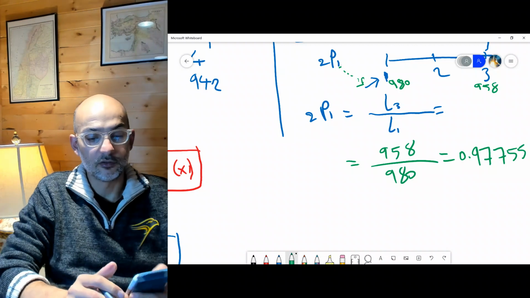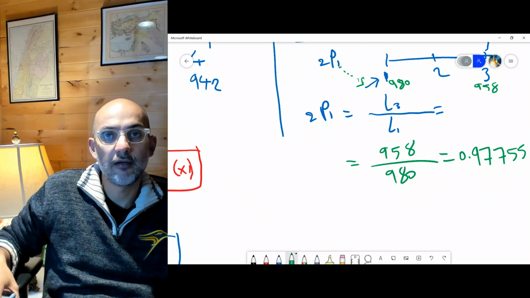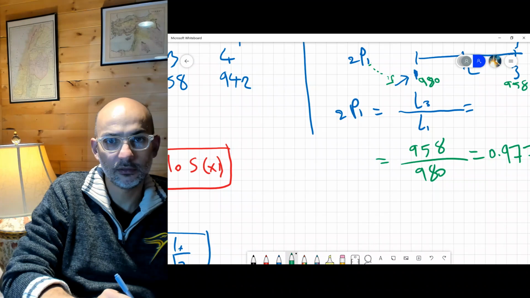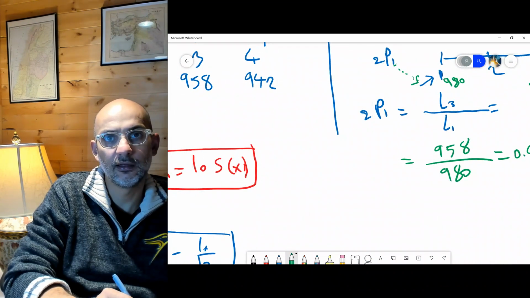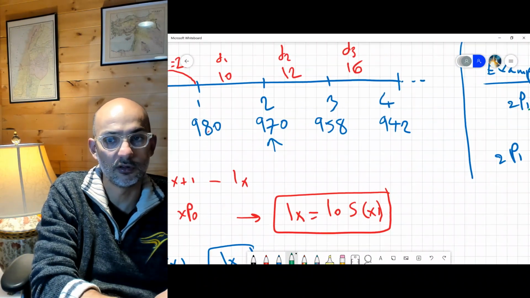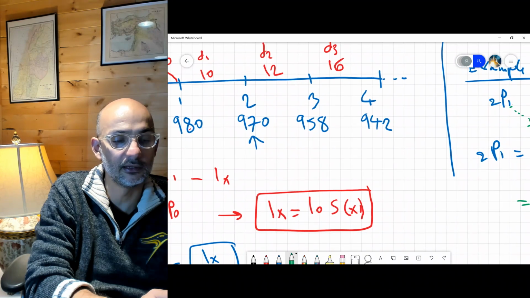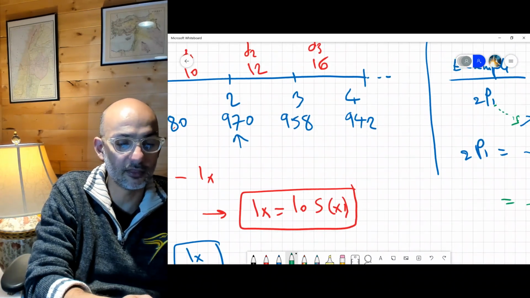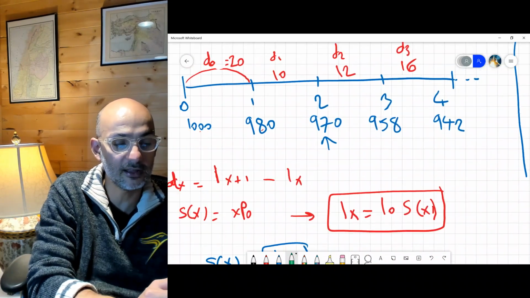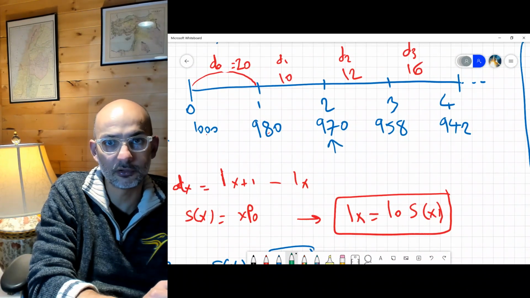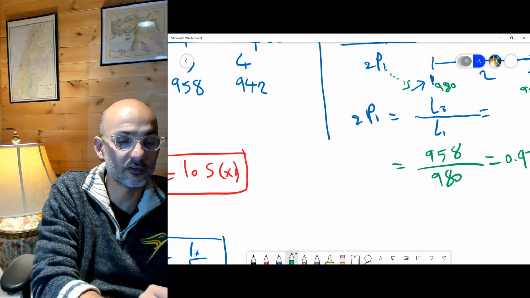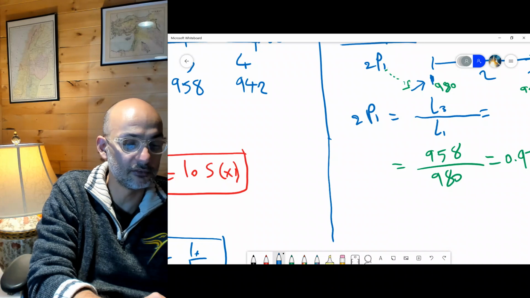So this is the probability of surviving 2 years from age 1, based not on a theoretical equation but on a cohort of individuals. We're looking at the probability that an individual of this cohort, selected at random, survives to age 3. This is straightforward, not really difficult.